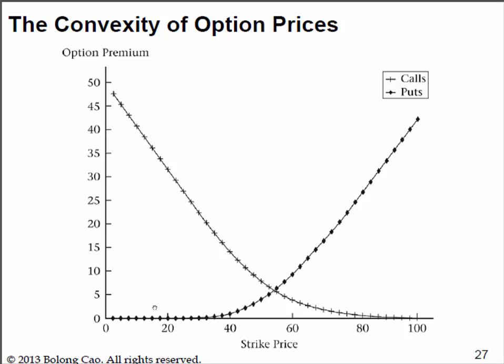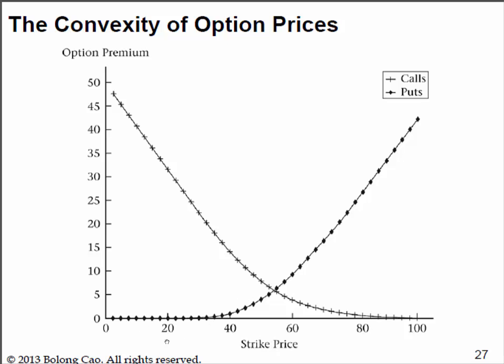But if you want to understand where this convexity comes from, you still go to the lower strike part, the lower premium part. You see, when the strike price declines, the put option still should have some value. Its value becomes smaller and smaller, but it does not fall below zero.